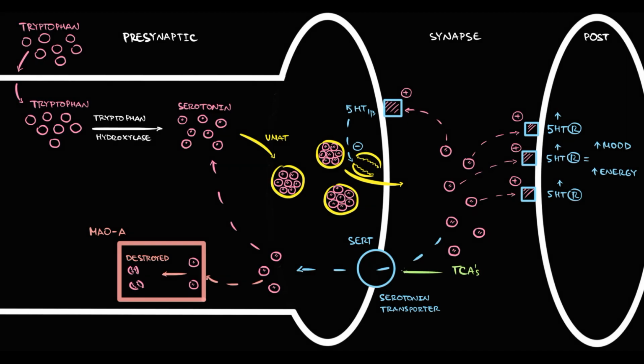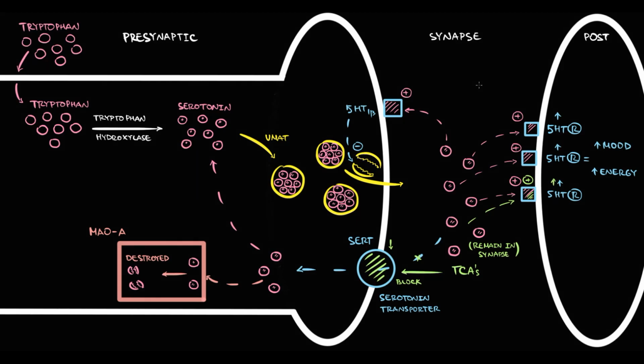Tricyclic antidepressants inhibit the function of the serotonin transporter. With inhibition of SERT, the reuptake of serotonin into the presynaptic neuron decreases. So more serotonin molecules will remain in the synapse, where these free serotonin molecules will bind to serotonin receptors, thereby additionally stimulating them.